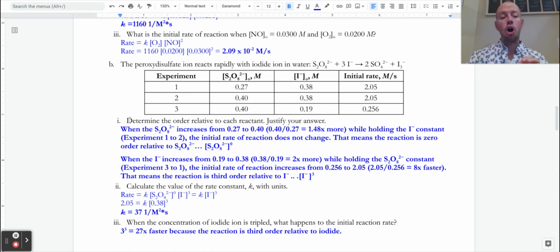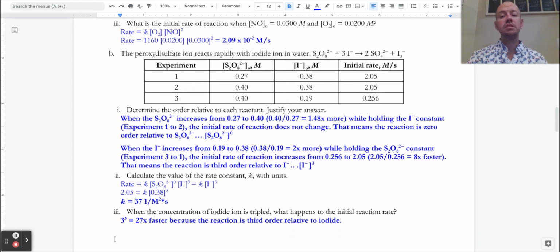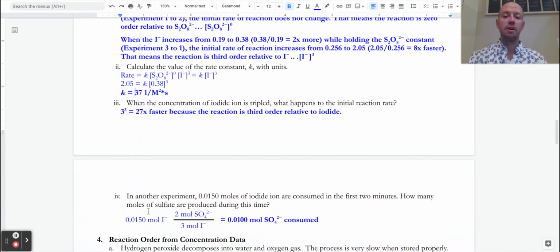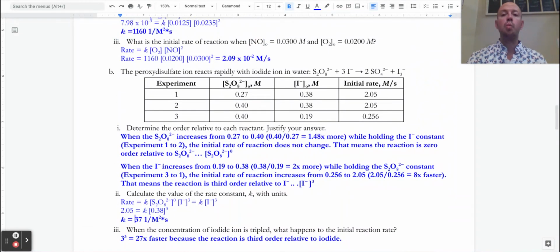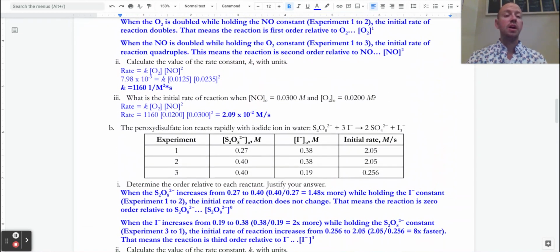The rate law tells us how the amounts speed up and slow down the reaction, but they are still being consumed in that ratio. So we have a certain amount of iodine, how much is consumed in terms of sulfate, or how many sulfates are produced? Well, there's 2 sulfates produced for each 3 iodines, so we will make that much. So just remember that as we talk about rate laws, we don't necessarily jump straight in.